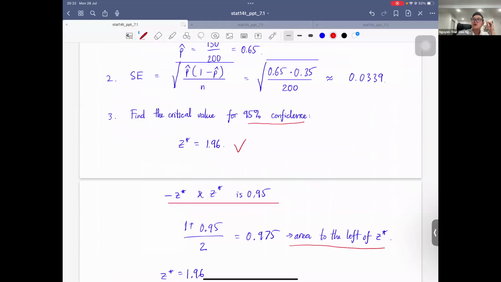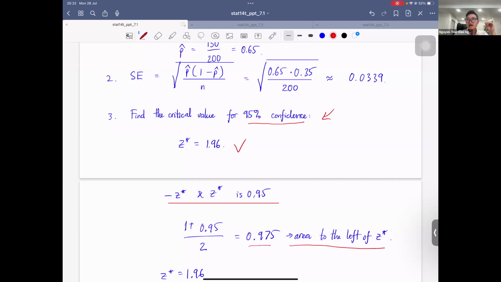For a 95% confidence interval, we know that the area between negative z star and z star is 0.95, right? So to find the area to the left of z star, it's going to be 1 plus 0.95 divided by 2, so I will get 0.975.